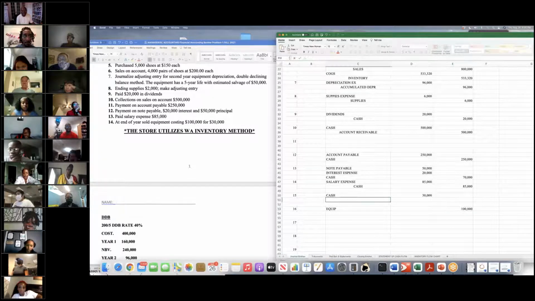But there is some accumulated depreciation on this equipment. So you have to sell it, but also the accumulated depreciation goes with it. So we've taken 160 and we've taken 96 in depreciation.